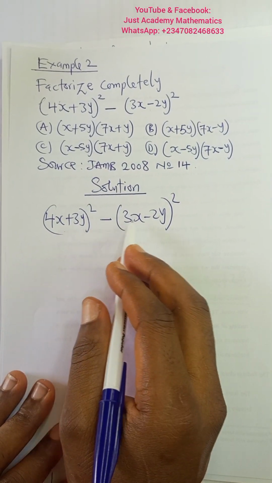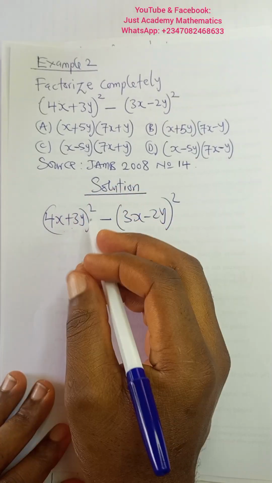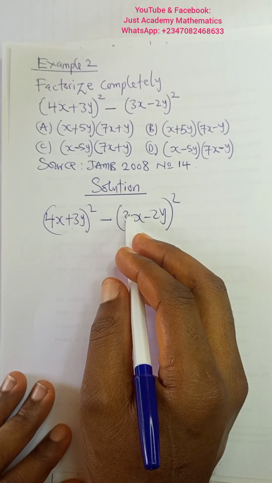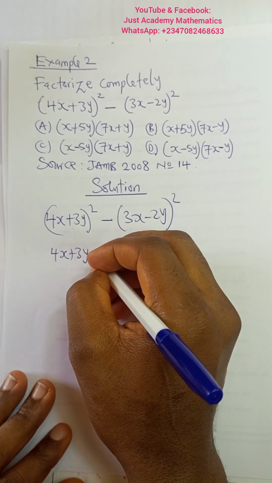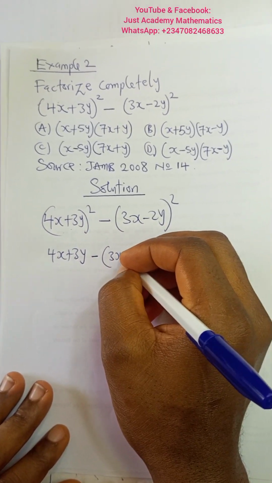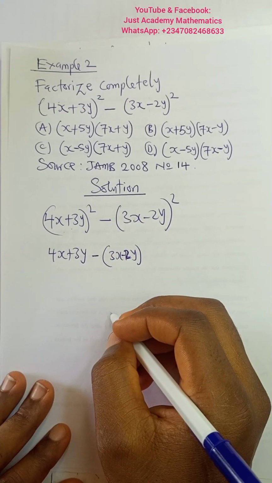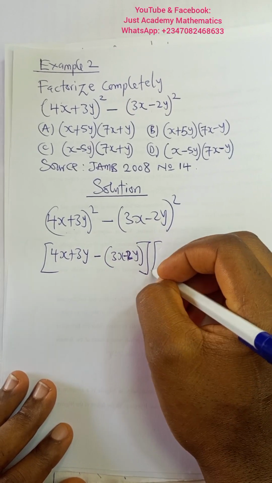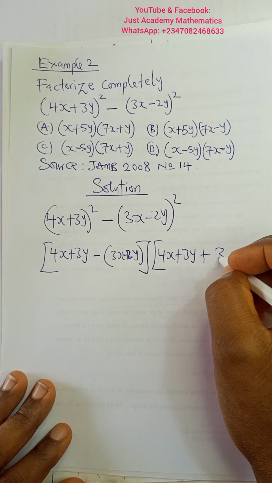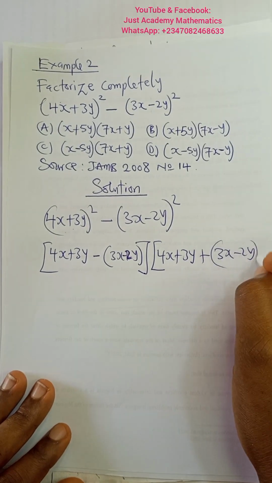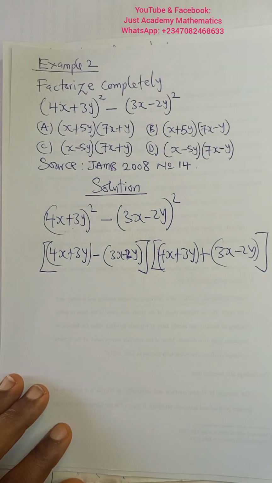If you see the two brackets as one entity, which it is, and apply the difference of two squares directly, we can say that the first bracket is (4x plus 3y) minus (3x minus 2y). Then the bracket (4x plus 3y) plus (3x minus 2y). Maybe I put all of them in brackets so that you will not get confused. Are you seeing it now?